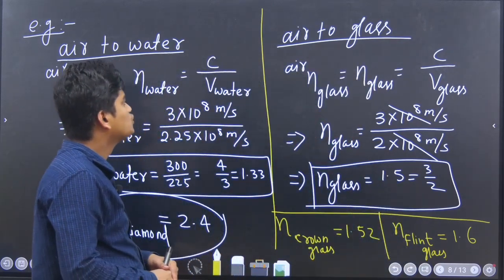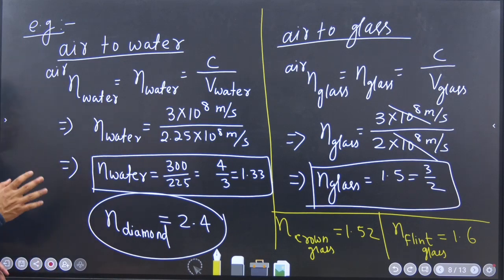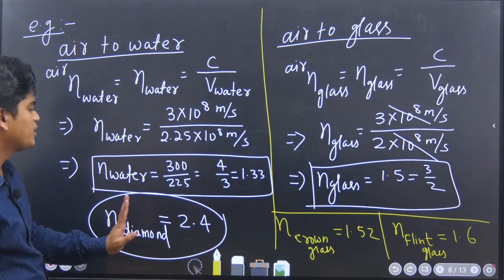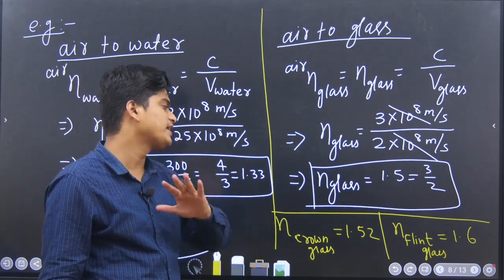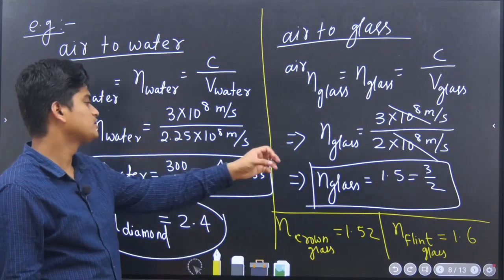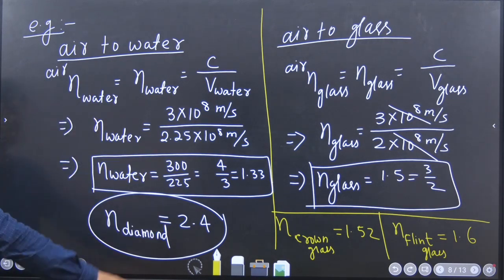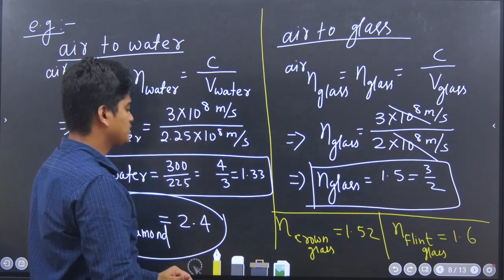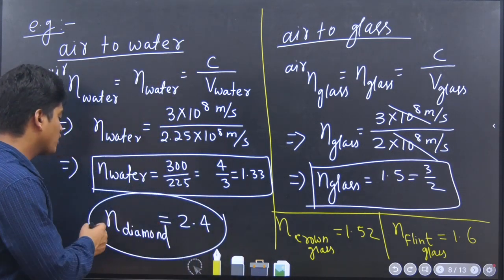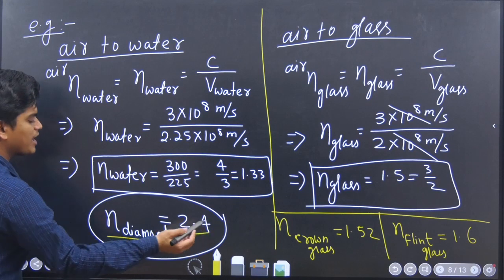Okay. So one is absolute refractive index, one is relative refractive index. So here you are understanding absolute index for diamond, crown glass, flint glass, water, and normal glass 1.5 or 3 by 2. Okay. So this is the idea about the refractive index of absolute things. Now you can also find, I have already given the refractive index of diamond.